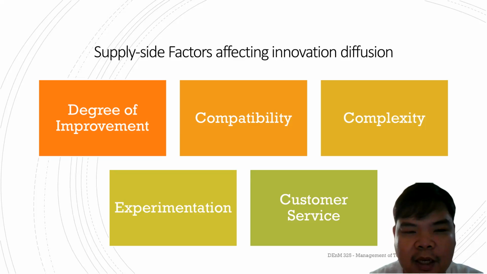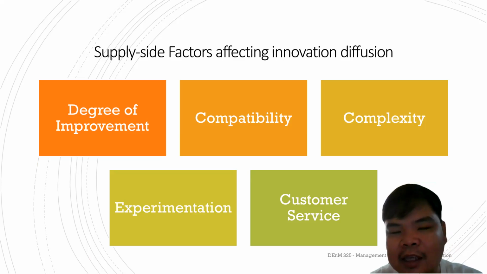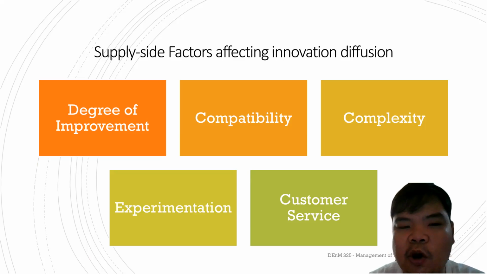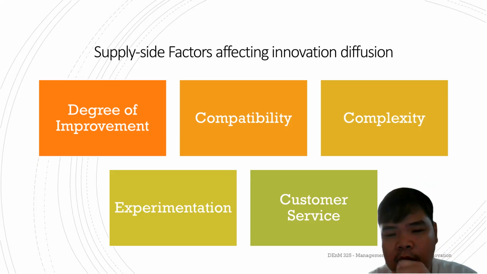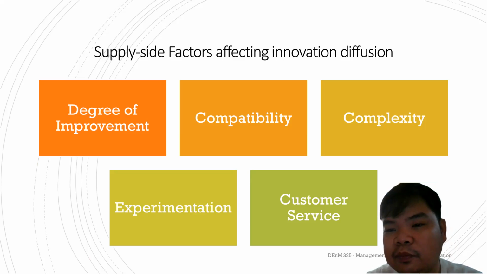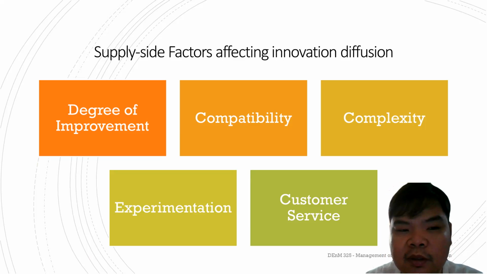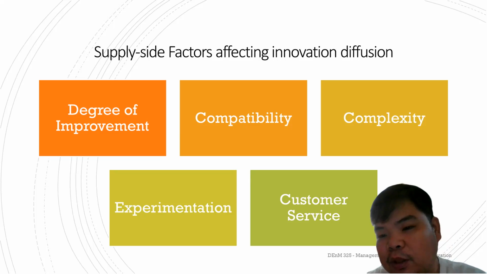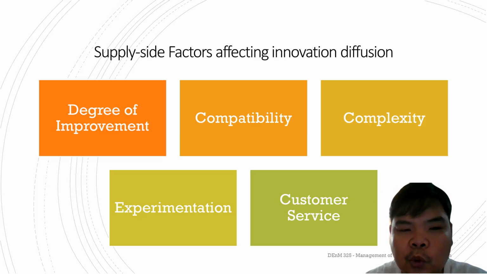Then for compatibility, you can ask, is the new technology compatible with existing products? Or are older products likely to become obsolete? Then for complexity, you can ask, does the product or the way it is marketed, for example the pricing, make it too complicated for the majority of customers to understand?